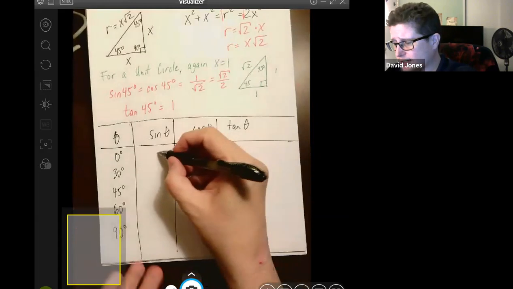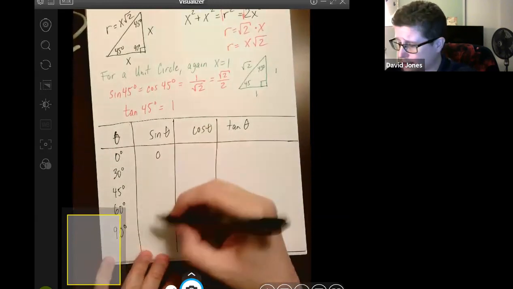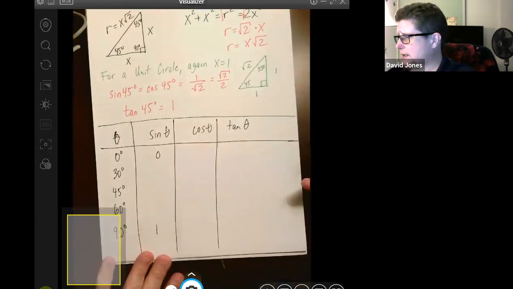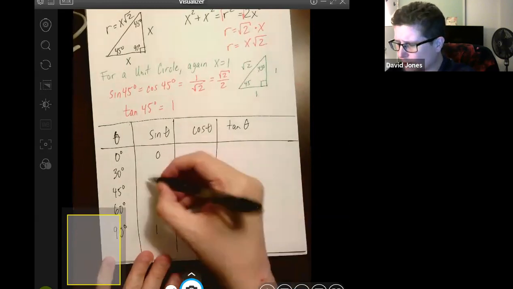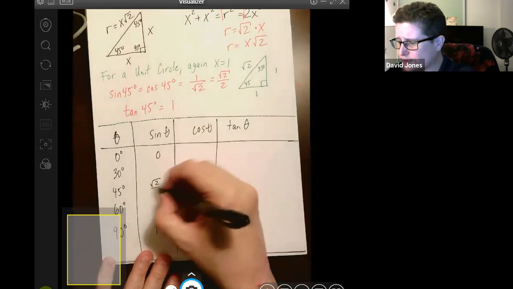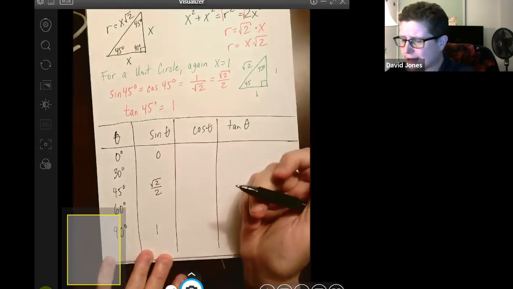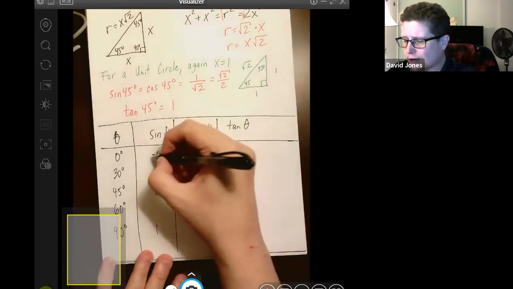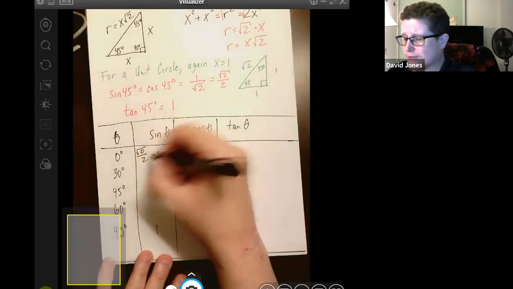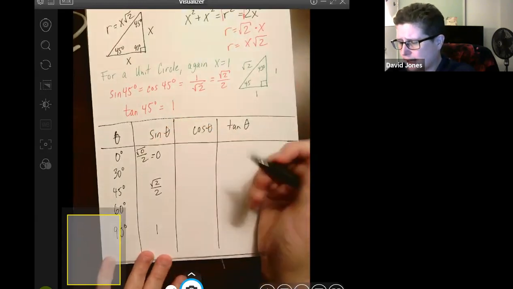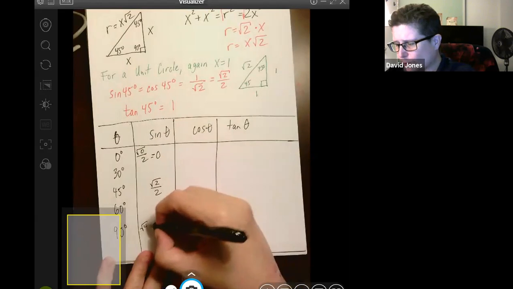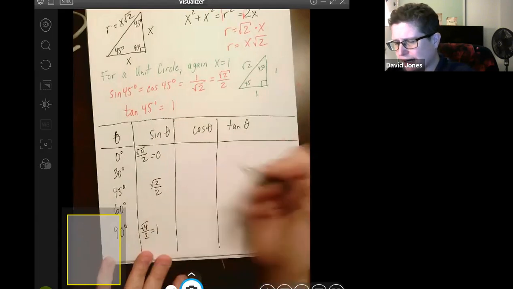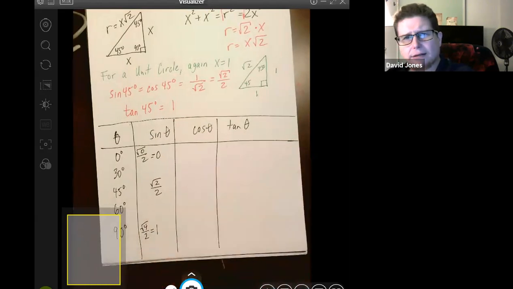Sine of theta starts at 0, ends up at 1. We know 45 is square root of 2 over 2. I'm going to write these other ones. I'm going to rewrite 0 as the square root of 0 over 2. And this is the square root of 4 over 2. And you're like, why the hell is he doing that? Right? Why would I say 1 equals the square root of 4 over 2?